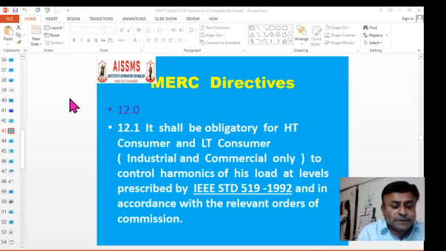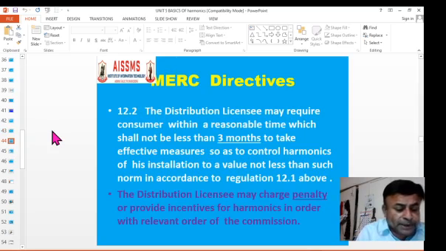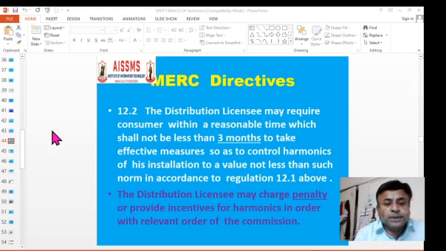So we know that MERC has asked us to follow IEEE 519, which states that the harmonic distortion should be less than 5%. Now they have taken total demand distortion for current instead of THD current, and the limitation of THD current depends on the ISC by IL ratio.